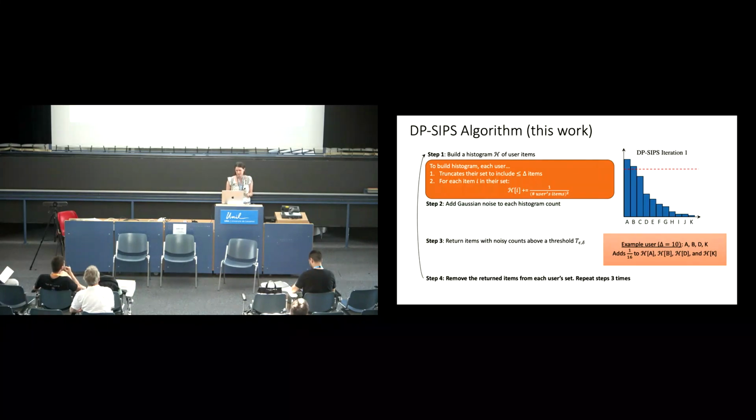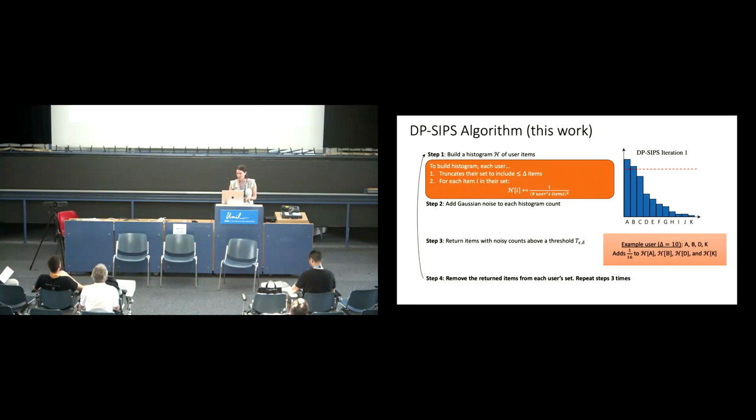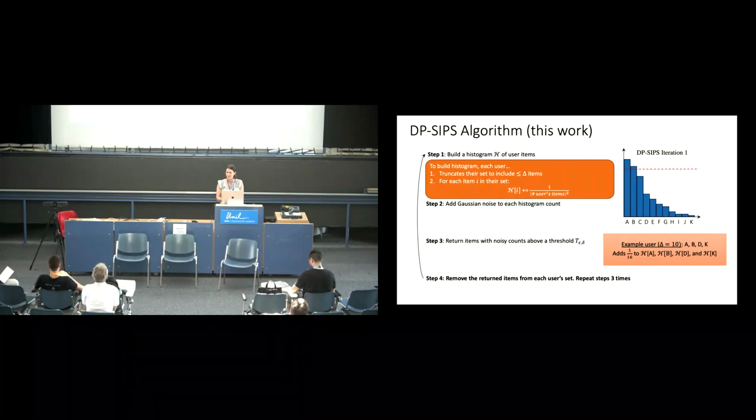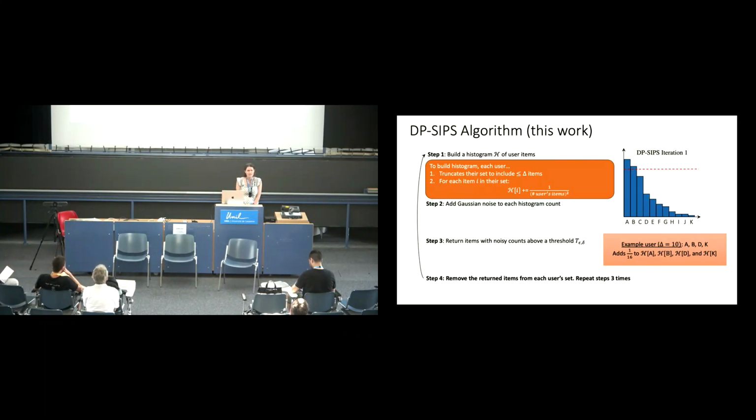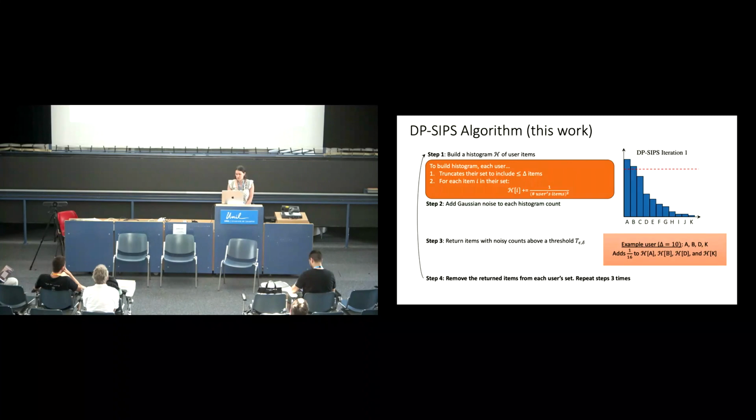So let's say we have a truncation bound of 10 items, and our user has 4 items. This user will add 1 over 4 squared to each of the 4 items within the histogram, and will then follow steps 2 and 3 to return items A and B, let's say.